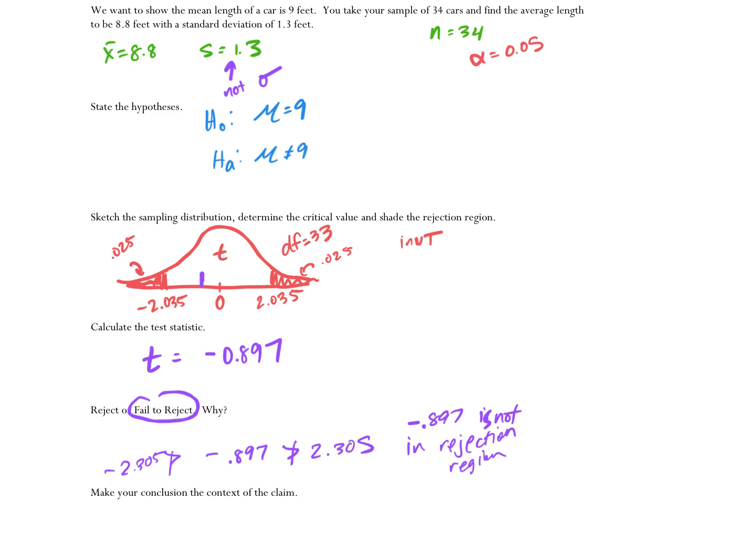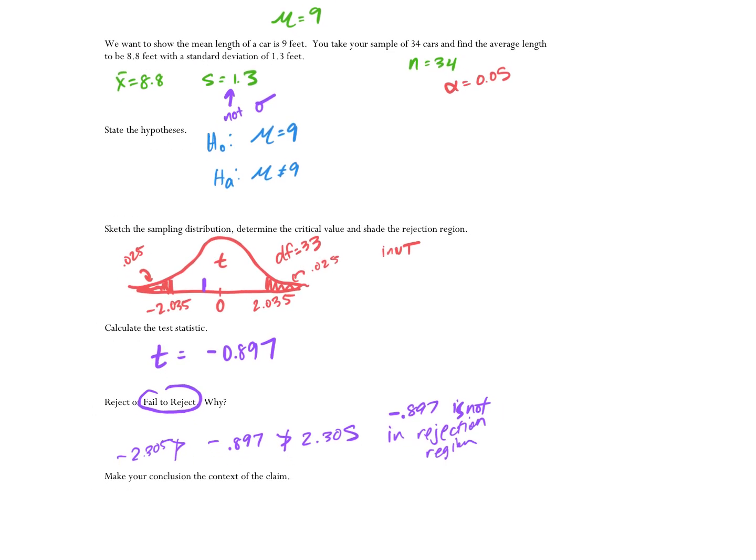Okay. So in this case, it's kind of unclear what the claim is. I would say that we're trying to show that it's equal to 9, so the claim is that it's equal to 9. Okay?